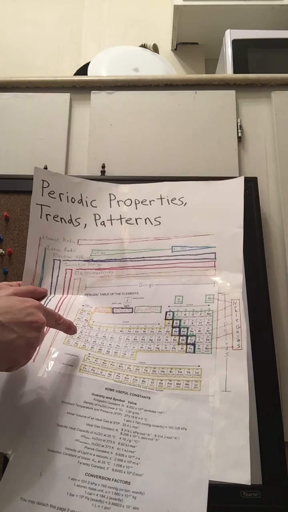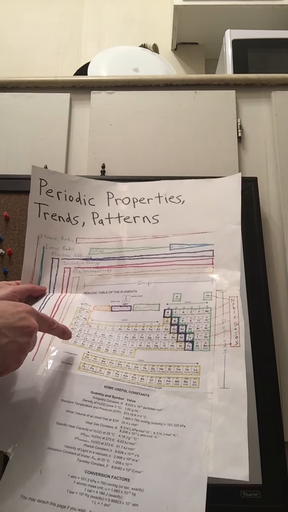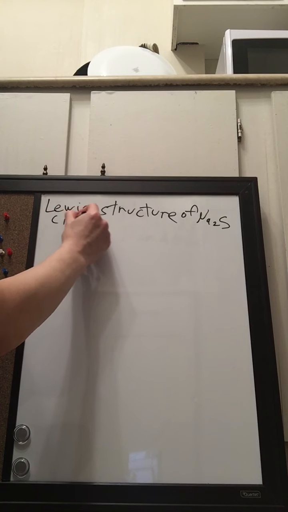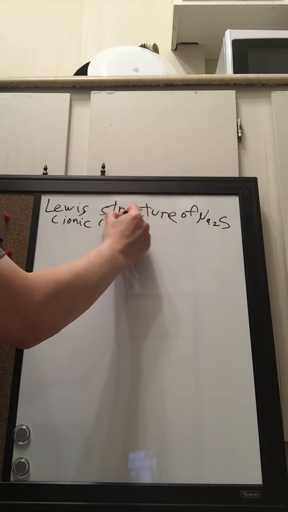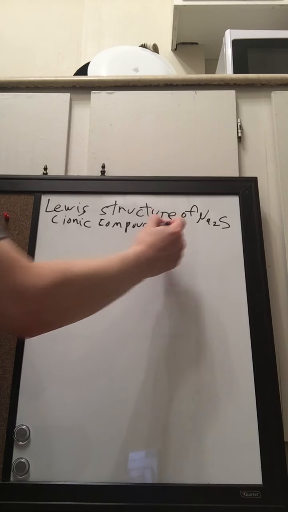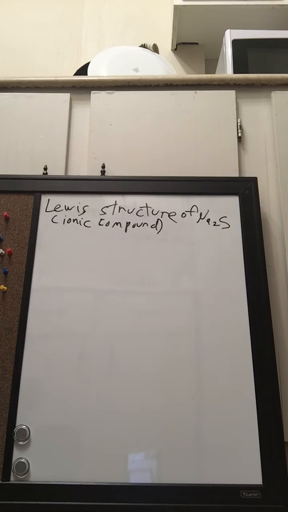So when we combine a metal and a non-metal, we have what is called an ionic compound.